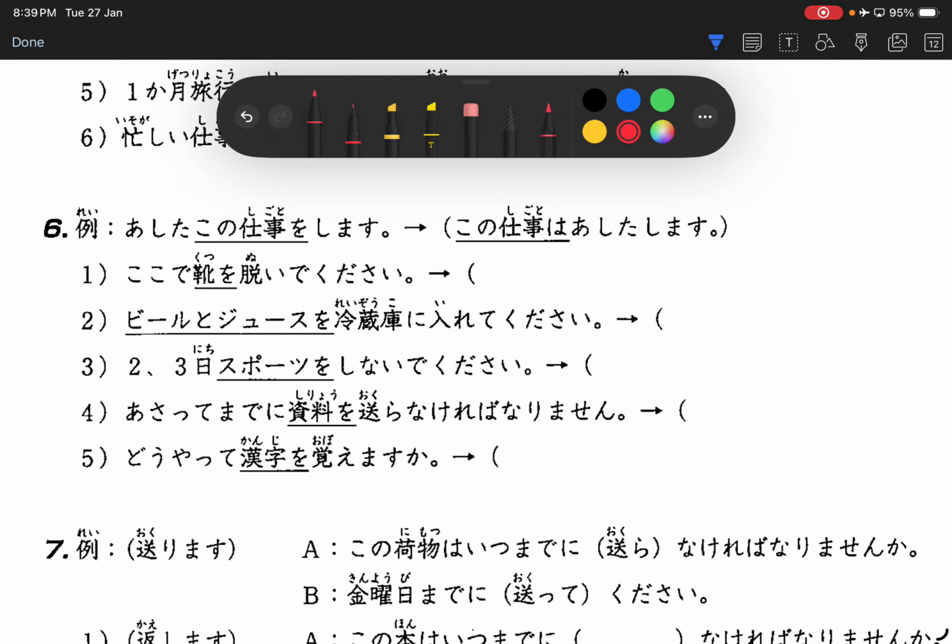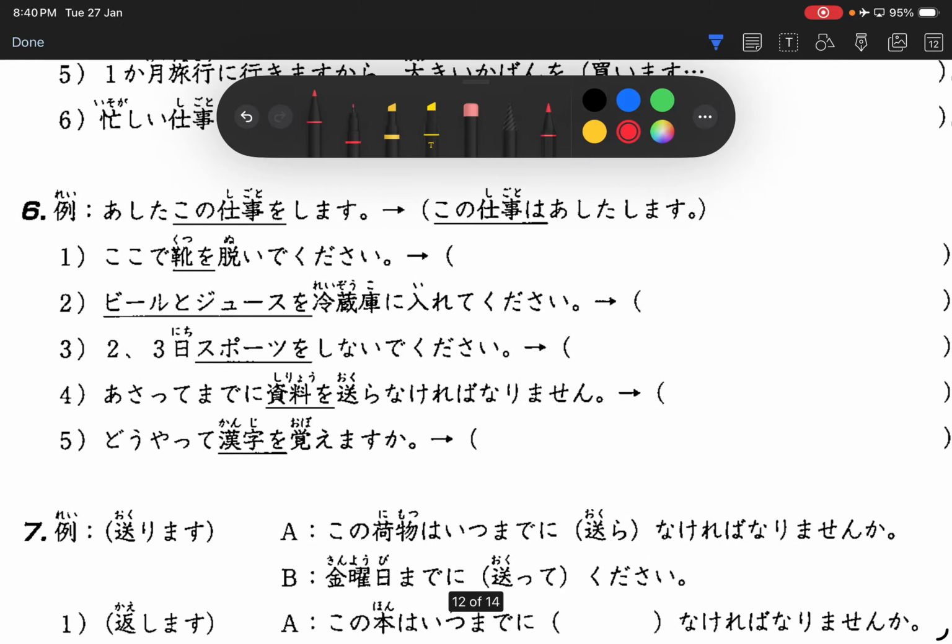Number 1. ここで靴を脱いでください。靴はここで脱ぎます。Very good. 脱いで changes back to 脱ぎます。Of course, the other way can be ここで靴を脱ぎます。I'm very confused by the exercise.